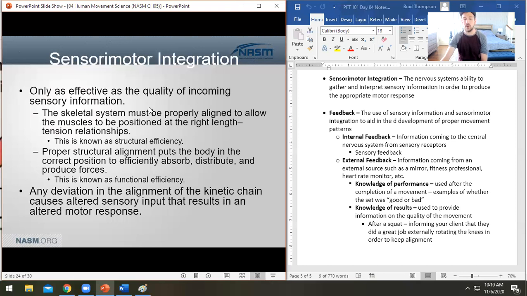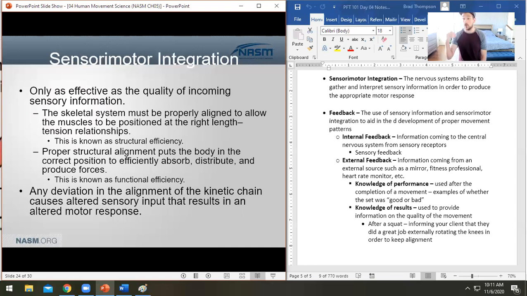So sensory motor integration, the thing we need to remember about it is it's only as effective as the information coming in. Your response to movement is only ever going to be as good as your actual good form. Your body's only going to be able to move in response to the proper type of information. Again, that efficiency is really important.